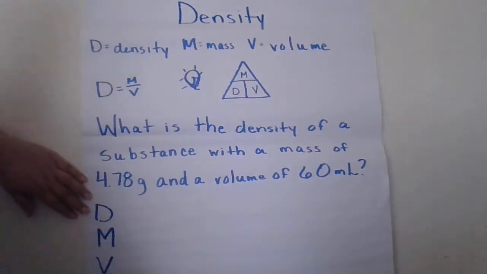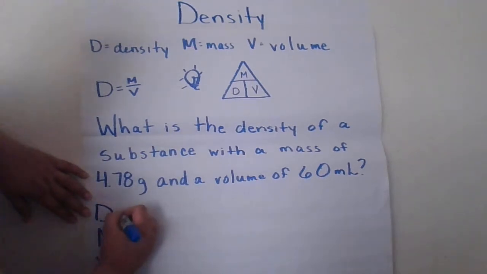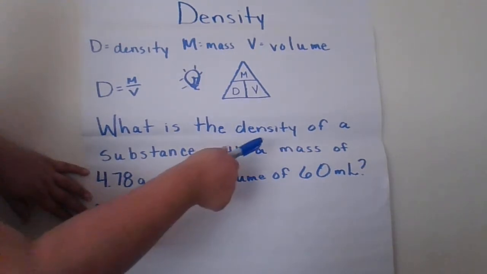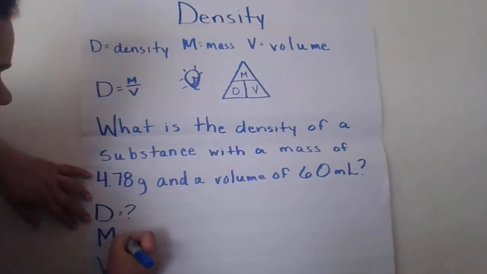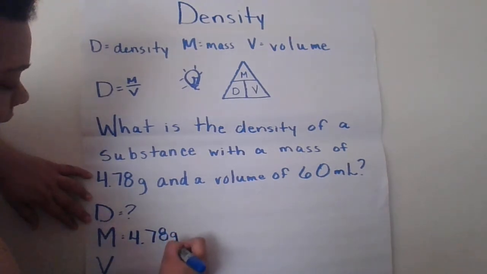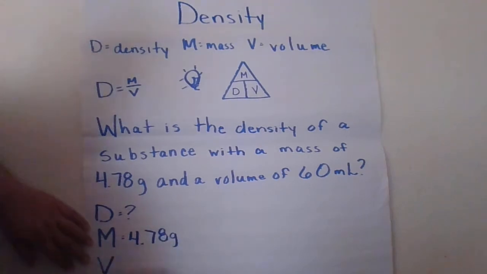So we would need to go ahead and write those out. What is the density? So we know that is the question in which we are answering. All right, if we continue to read with a mass of, so we can go ahead and fill that in our shopping list. Always remembering to write our unit, and a volume of 60 milliliters.